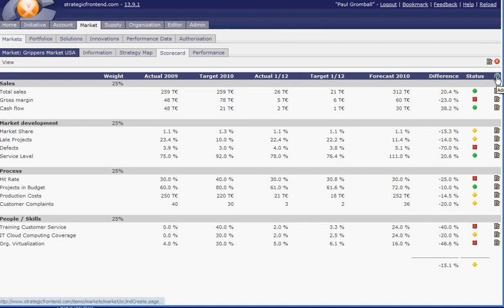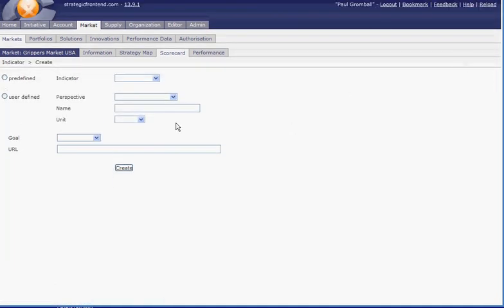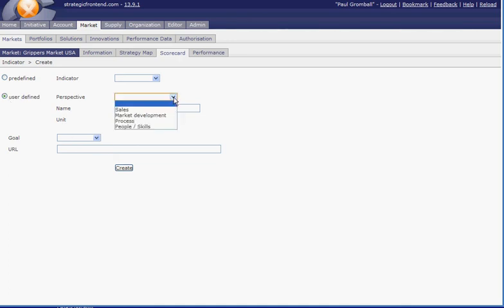And if you want to add one, you can always add one here, user defined. It asks you for the perspectives, it's sales, market development. You can give the name, the unit, like currency, pieces, or percent, and the goals are in 4 categories.